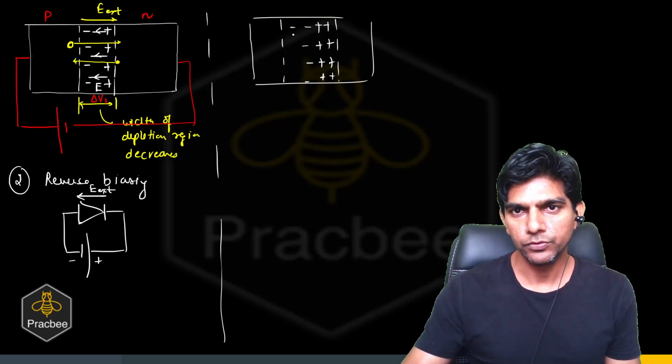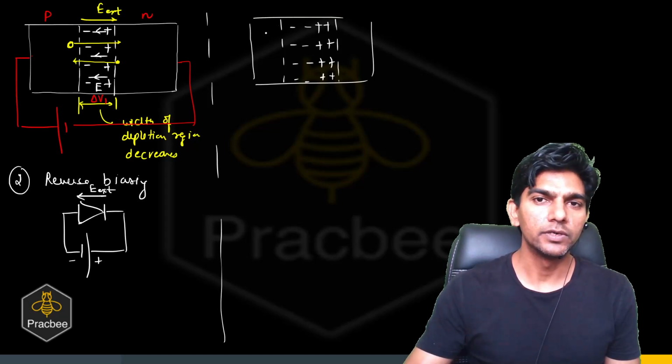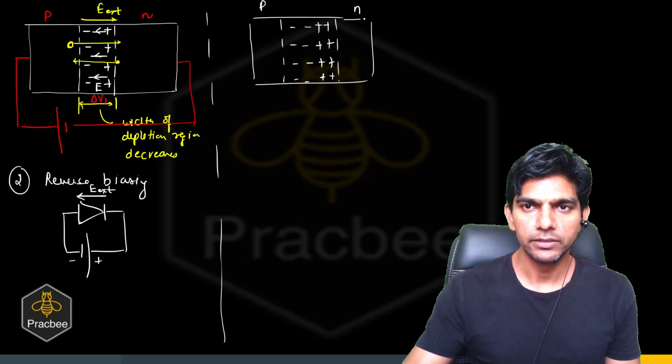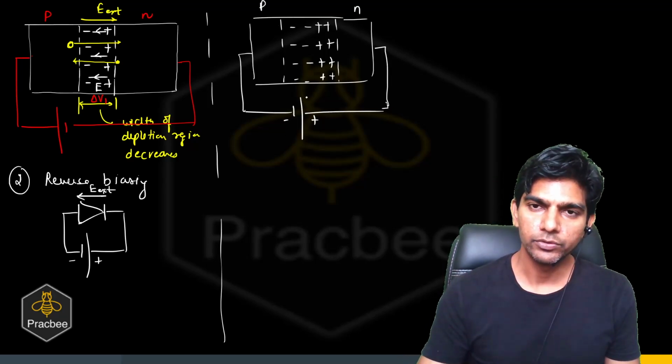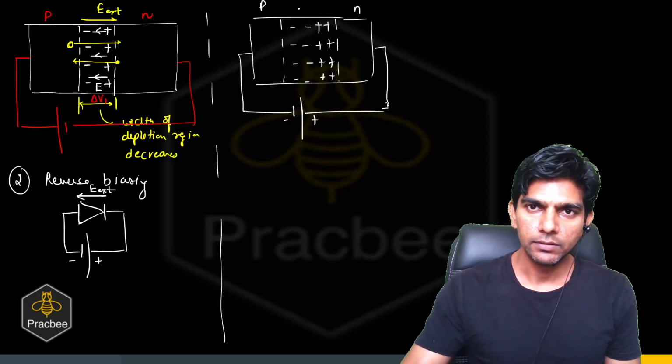And it will be difficult for the majority carriers to move from one side to another side. So if I connect the P side to the low potential and the N side to the high potential, now there is an external field in the left direction, and the field at the barrier is again in the left direction.